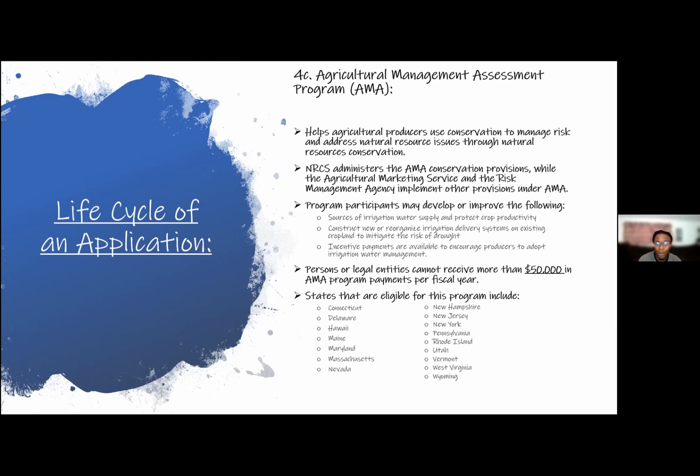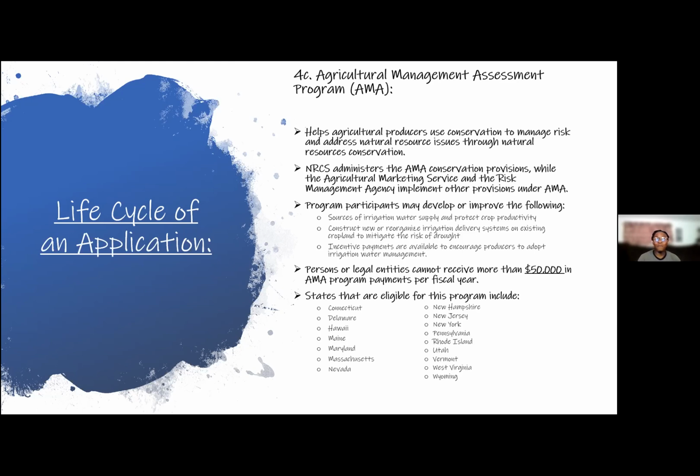Program participants may develop or improve the following: sources of irrigation water, recognizing irrigation delivery systems and improving those, and protecting crop productivity. Some incentive payments are available to encourage producers to adopt irrigation water management. So this program is more geared toward assessing risk, and generally crop production.